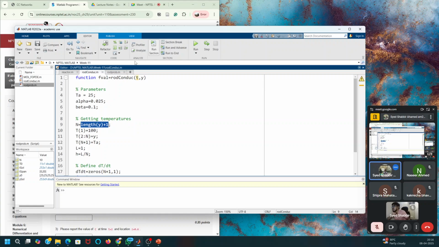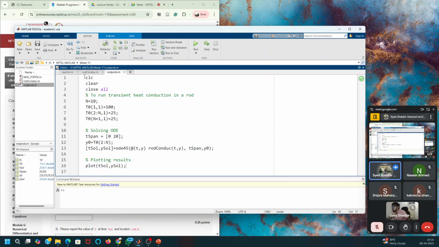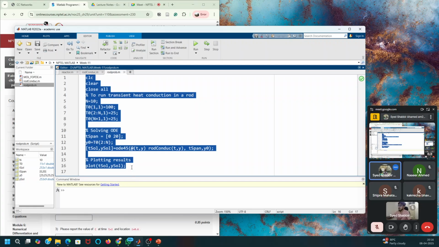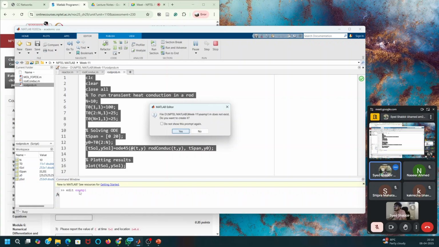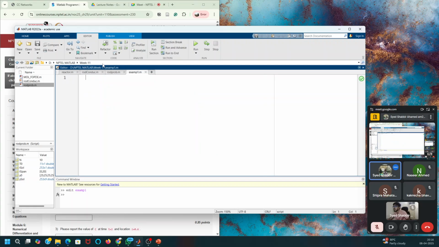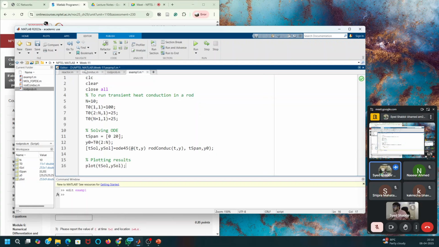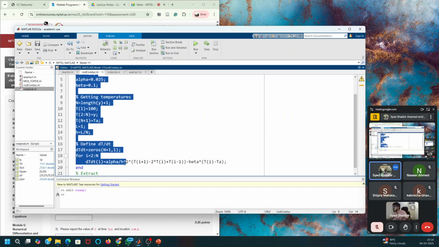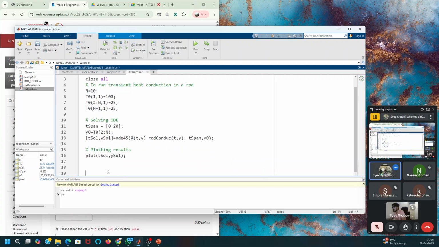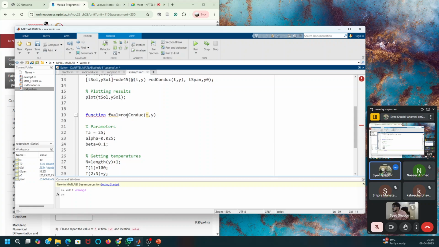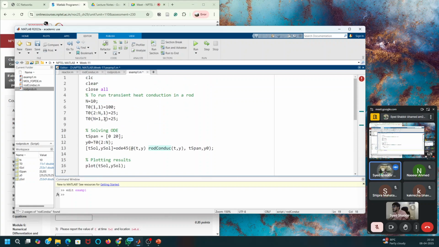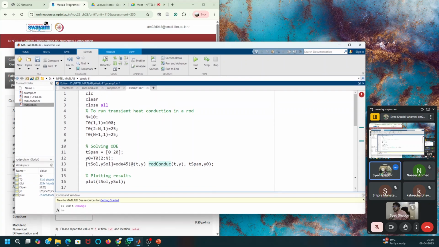What I'll do is I'll just take this code and modify it. I'll write this function, and let's keep the name as it is.